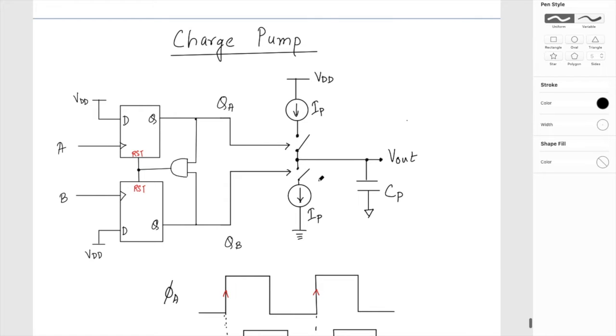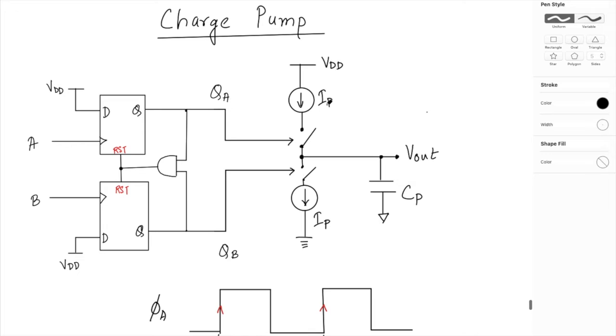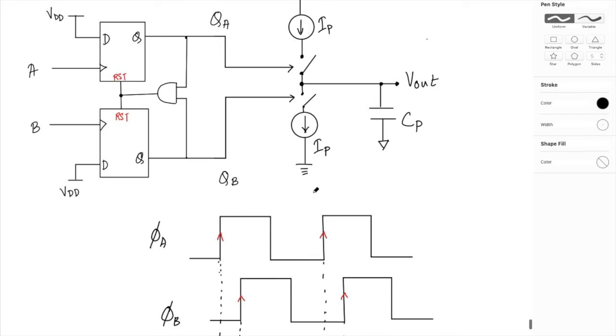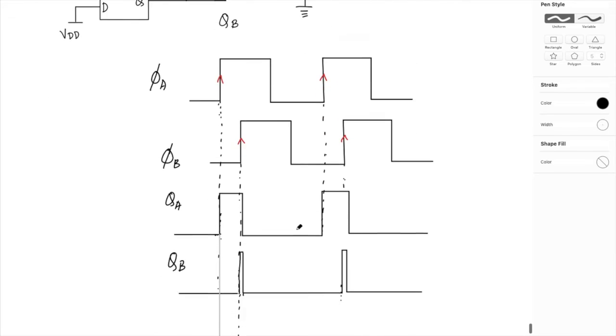Of course, in the real sense, there may be a small mismatch between this IP and this IP. This current source and current sink may not be exactly equal, so there may be a small error, depending upon how much the difference is. But the attempt is generally to make these two as same as possible.